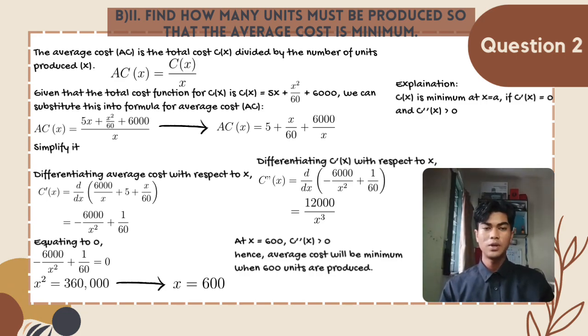Then we just multiply it with each other, making it into x to the power of 2 equal to 360,000. So then x equal to the square root of 360,000, we define it into x equal to 600. So the number of units that must be produced so that the average cost is minimum is 600.